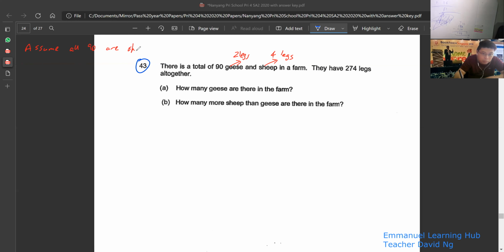Why? You always assume the opposite way. If you assume the same way, later you need to do one more step. You assume all are sheep. If all 90 are sheep, how many legs are there?